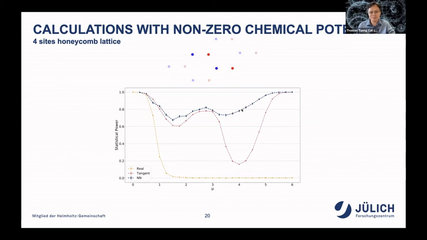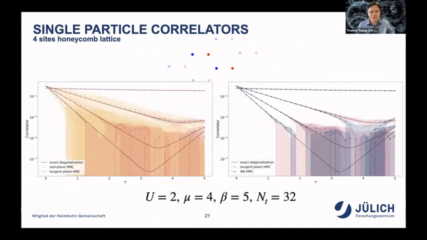So that's quite interesting, what we found for such a system as a function of chemical potential mu. We can then look at correlators again. Correlators are one of our favorite observables to calculate. On the left plot, I'm showing the exact results in black, the real plane HMC in orange, and the tangent plane HMC in red.